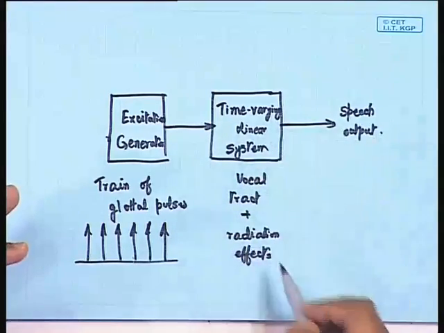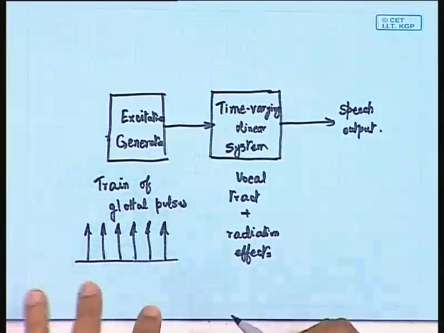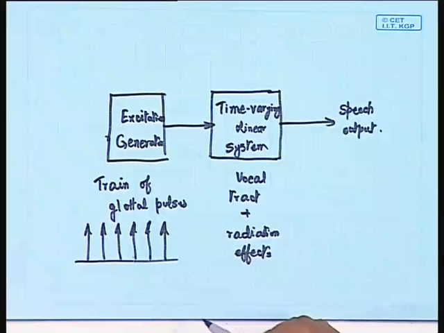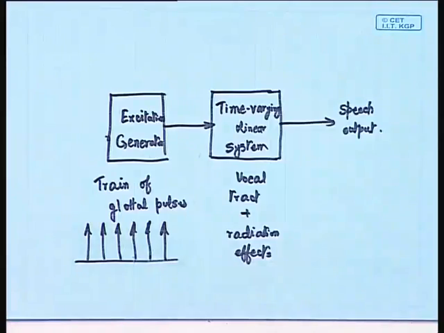But this train is the cause of the excitation in the time-varying system. Now whenever you have such kind of pulses, you can imagine that it produces a very flat spectrum, but the actual speech output spectrum would not look like a uniform spectrum, okay.